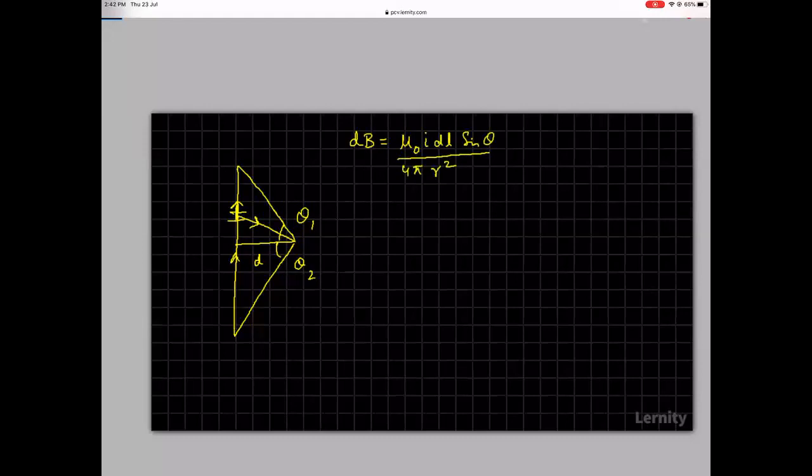Now assume this is L, and this is A. Better to keep it as A. So this r will become root over A squared plus L squared. Now this angle is theta, so this will become 180 minus theta.